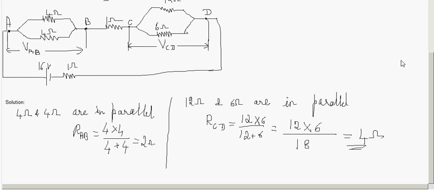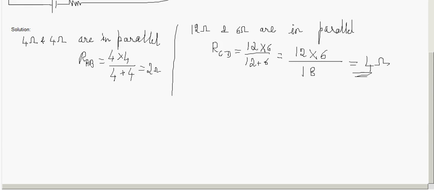So now redraw the network. Between A and B we have 2 ohm, then 1 ohm, then 4 ohm between C and D, and the battery along with its series resistance will remain as it is.